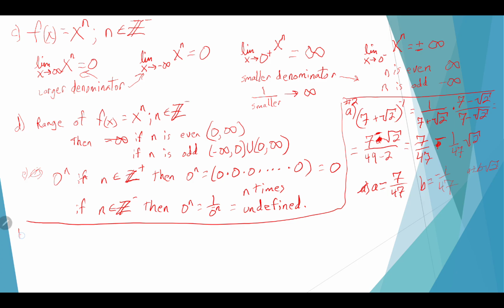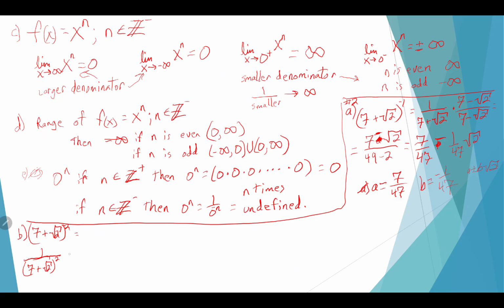How do we do B? B is 7 plus square root 2 squared. Nope, negative squared, which is going to equal, let's maybe go down here, 1 over 7 plus square root 2 squared, right?